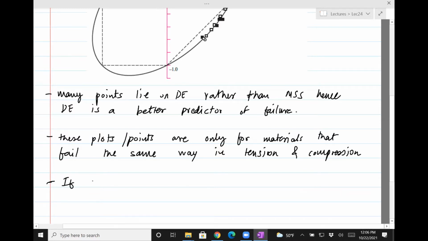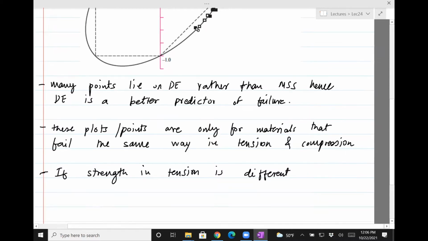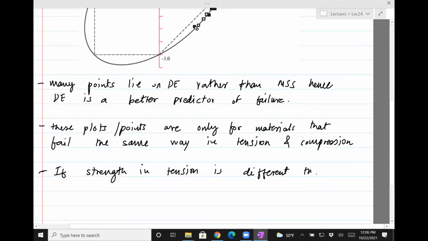If strength in tension is different than the strength in compression, the recommendation is use Coulomb-Mohr theory.